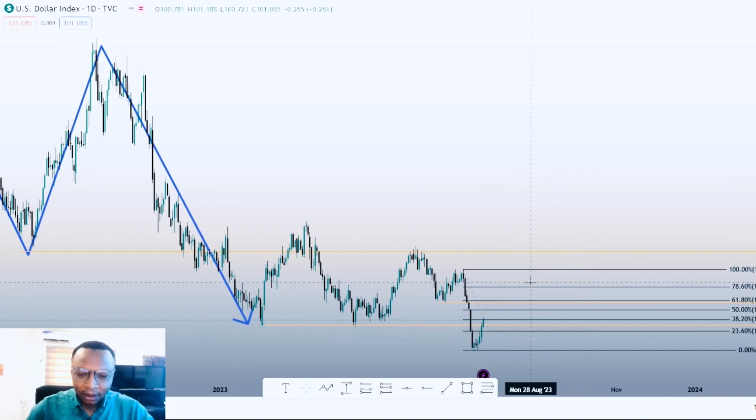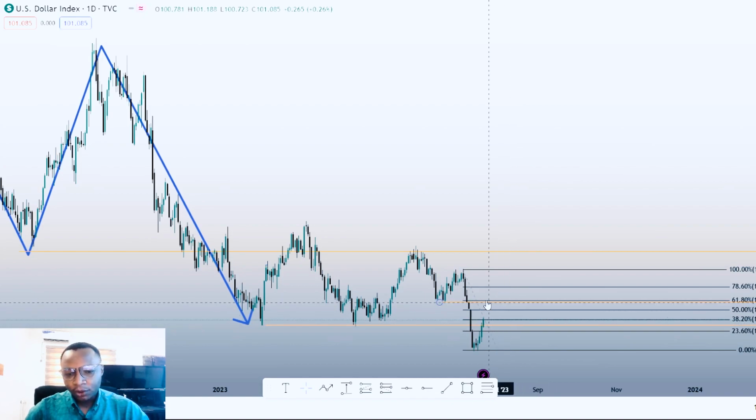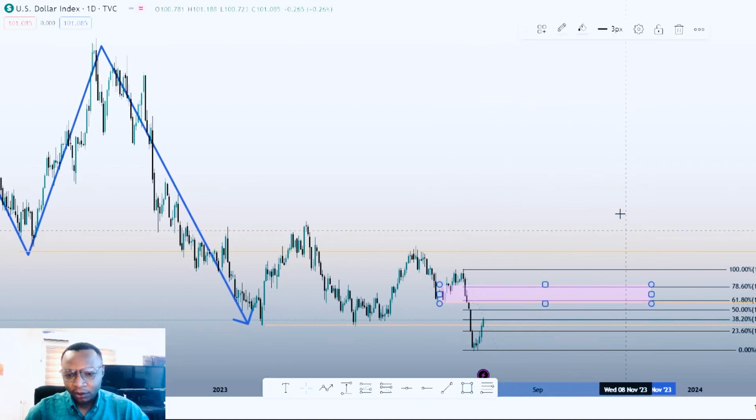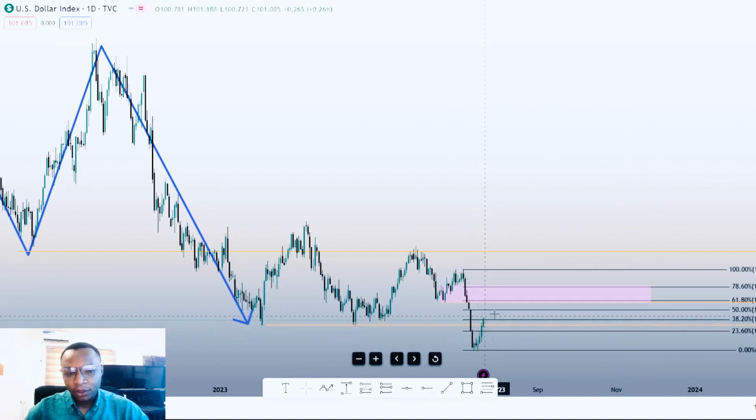So seeing this, we expect the dollar to keep pushing upwards until any of these levels that we've marked. You can also see some levels here, some mitigation block right here, where you can expect price to trade to, and then the 61 and 50% level of the fib, and also some fair value gaps around these levels. Okay, so this is where I expect the dollar to trade into before continuing selling.